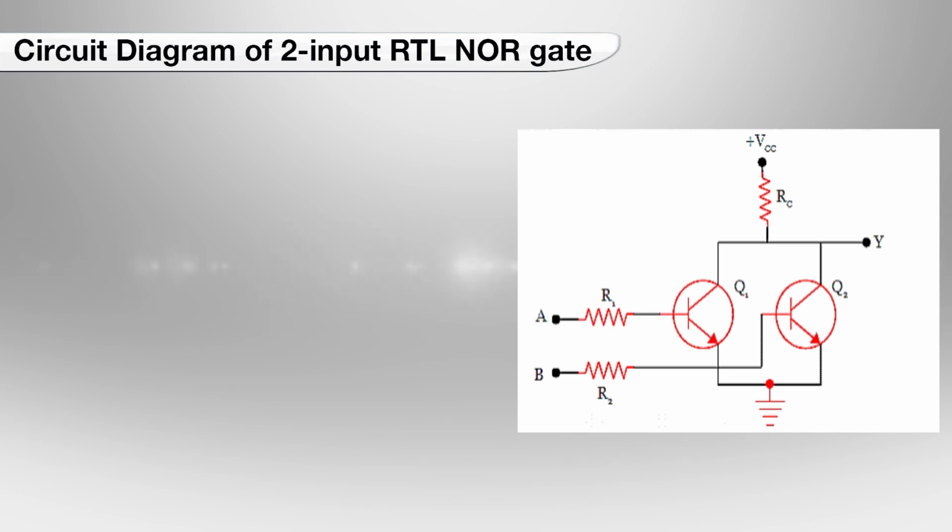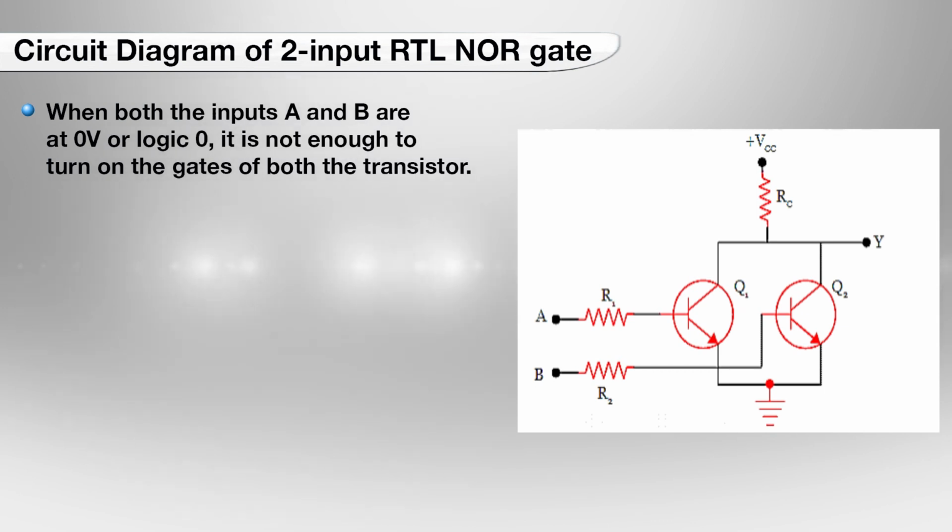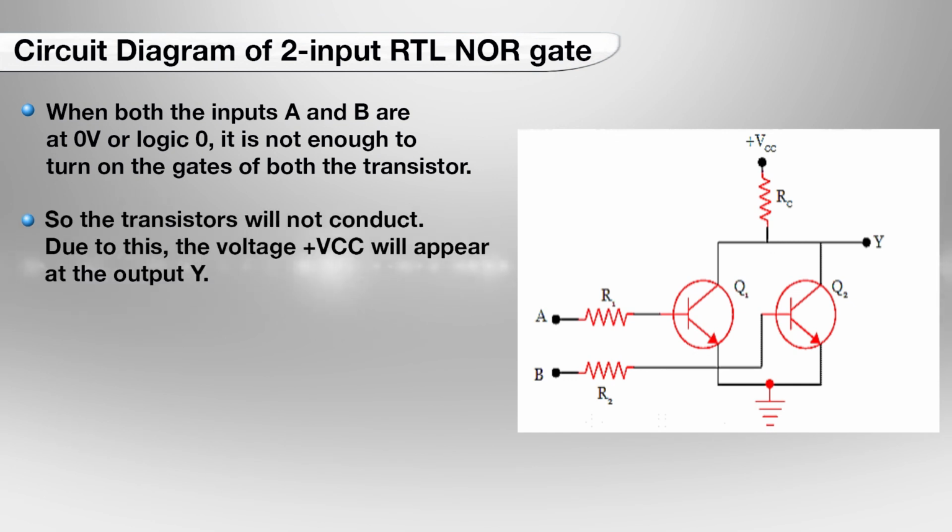The figure shows the two input RTL NOR gate when both inputs A and B are at 0 volt, logic 0. It is not enough to turn on both transistors, so the transistors will not conduct.